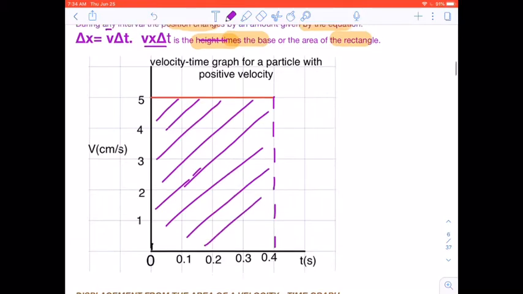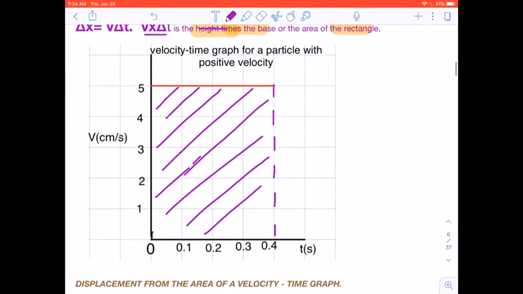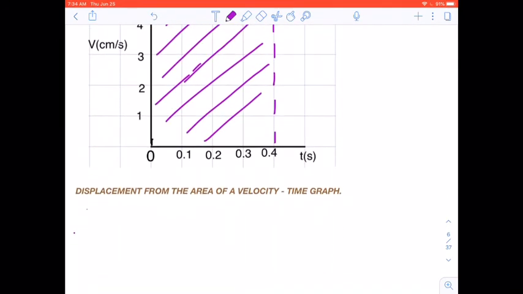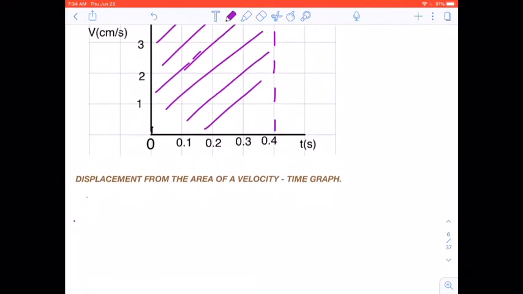Right. If we look at it here, normally when we have area, we would say that area is equal to height times base.